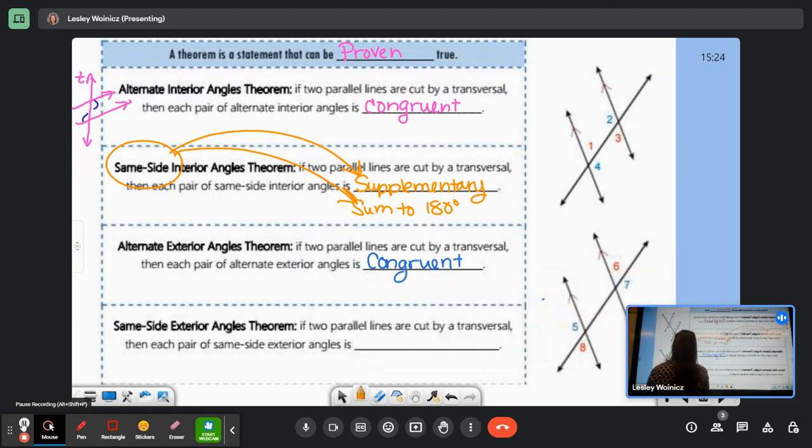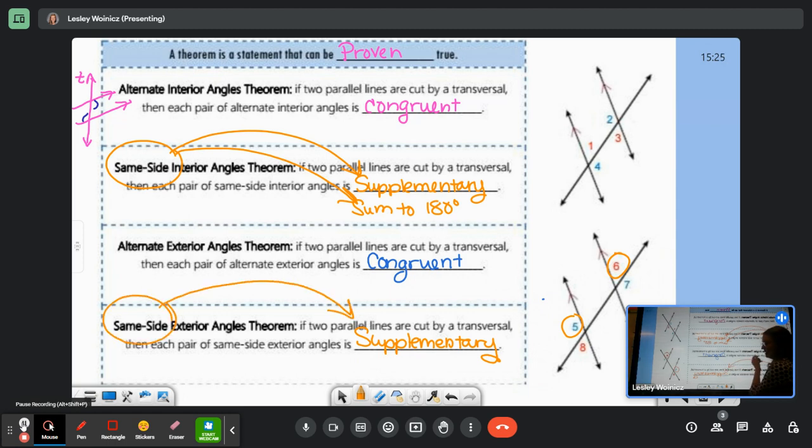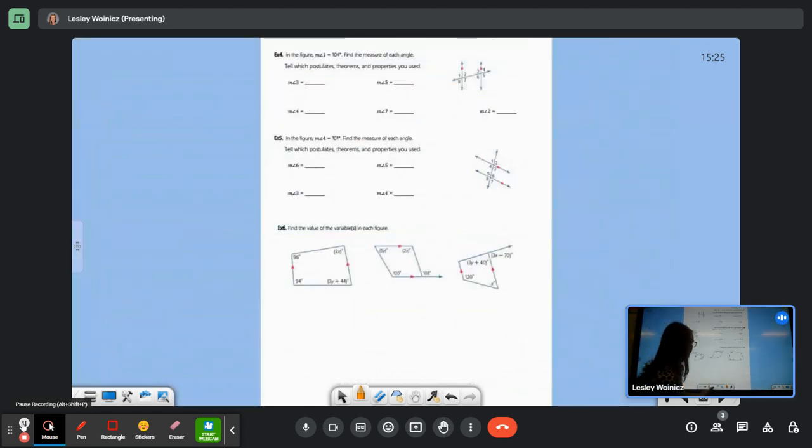For example, 5 and 6. Are those congruent or supplementary? Look at them. Are they the same size? Oh, they're supplementary. My bad. So when we have same side, those are supplementary. All right, guys, we are crushing it.